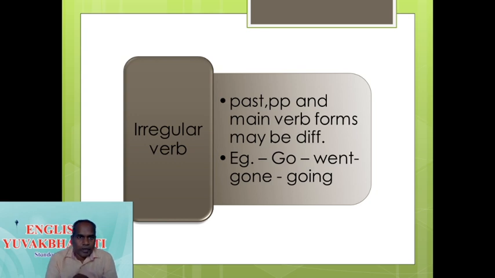For example, go is the main verb, went is the past form, gone is the past participle, and going is the present participle. Go present, went past, gone past participle, and going present participle. In this way we can identify regular and irregular forms.